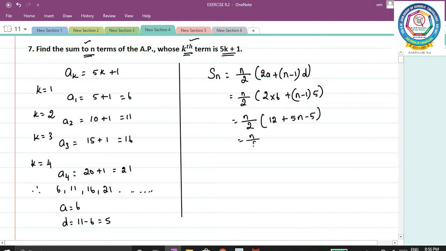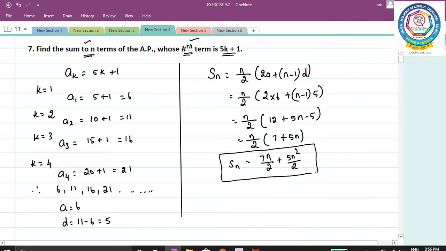Then n by 2 into 12 minus 5, 7, so 7 plus 5n. If I take n by 2 inside, 7n by 2 plus 5n squared by 2. Therefore, the sum of n terms is equal to 7n by 2 plus 5n squared by 2.